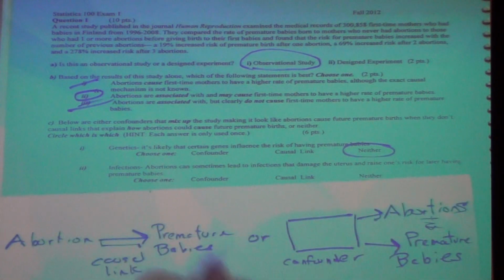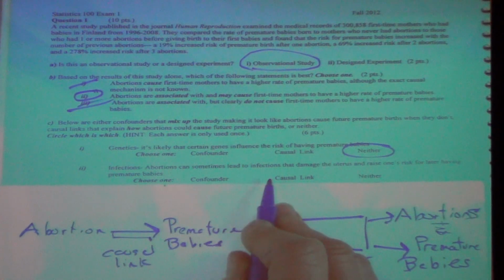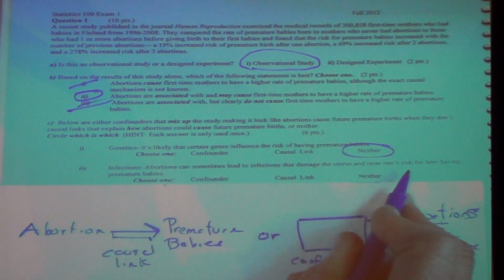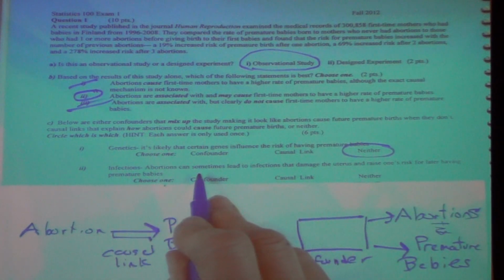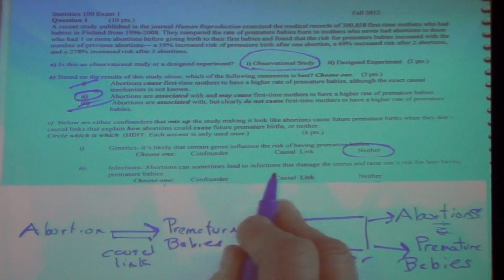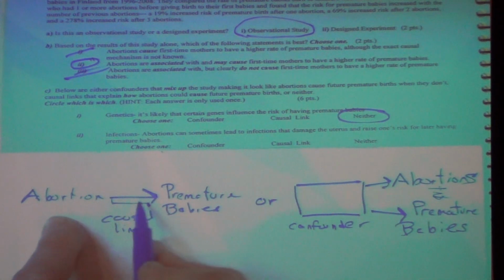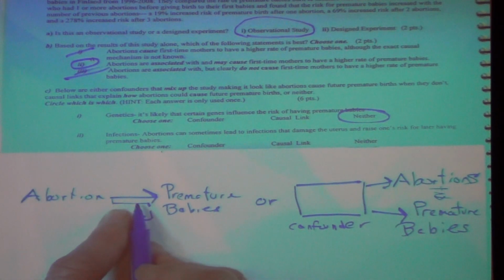Infections. Abortions can sometimes lead to infections that damage the uterus and raise one's risk for later having premature babies. Abortions lead to infections that lead to prematurity. So where does that make sense to fit in? This is how abortions are doing it.